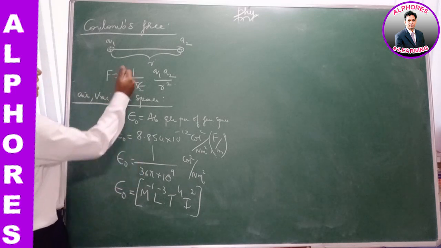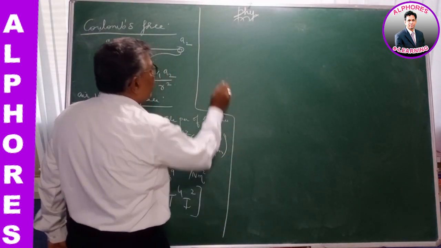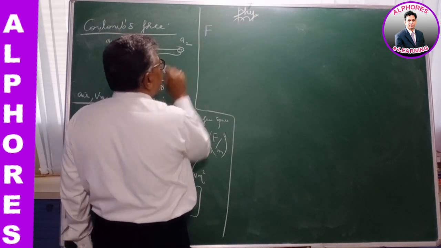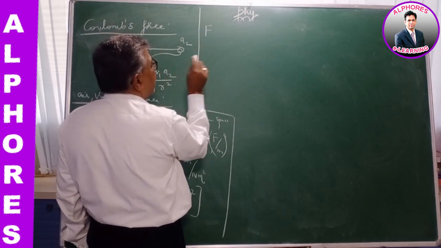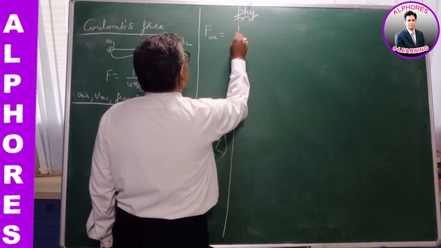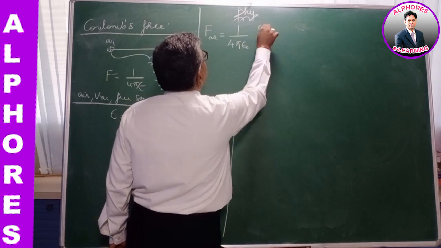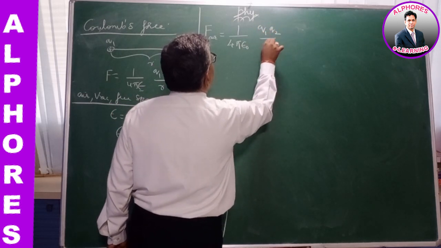So putting this value in, the force of attraction or repulsion between two charges in air, vacuum, or free space is given by the formula 1 by 4 pi epsilon naught Q1 Q2 by r square.